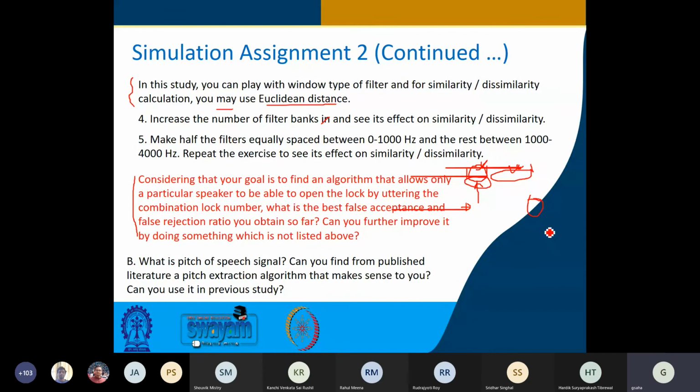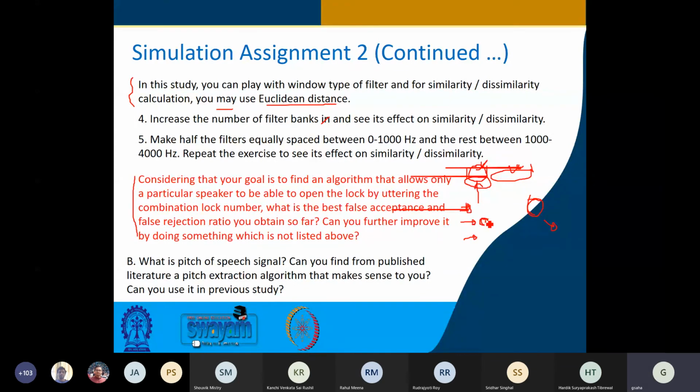This is person specific, because for that particular boy or girl, you have seen there is a certain kind of similarity within which these coefficients, these values, these filter bank outputs are lying. Right?